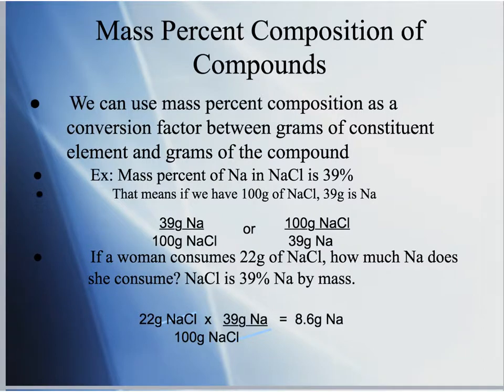All right, so it seems easy enough to do the mass percent. Just take the mass of the single element and divide it by the total mass of the compound that it's in. So guess what? If we have a percentage, we can use that as a conversion factor. Yes, more conversion factors. Remember, I mentioned at the very beginning of the semester, there's only two types of math problems that you're going to do in here.